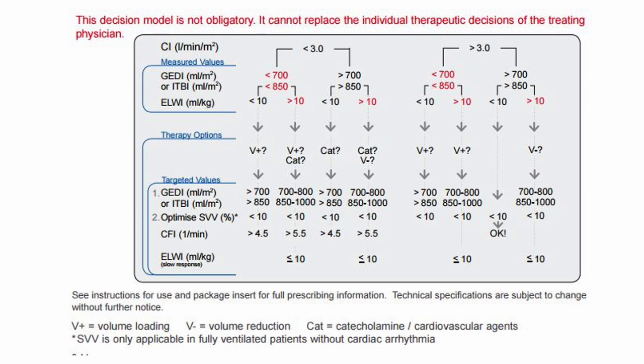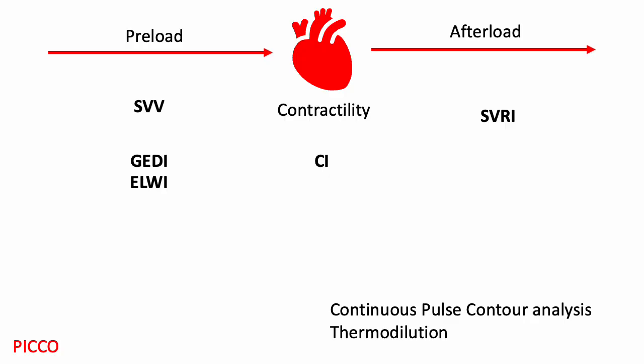Again, if your cardiac index is over 3, there's another decision tree over that side. But if you're over 3, we're going to think about weaning stuff off rather than actively managing, usually, because it usually means we're heading in the right direction. So these are the things that PICO gives us and what it looks at.